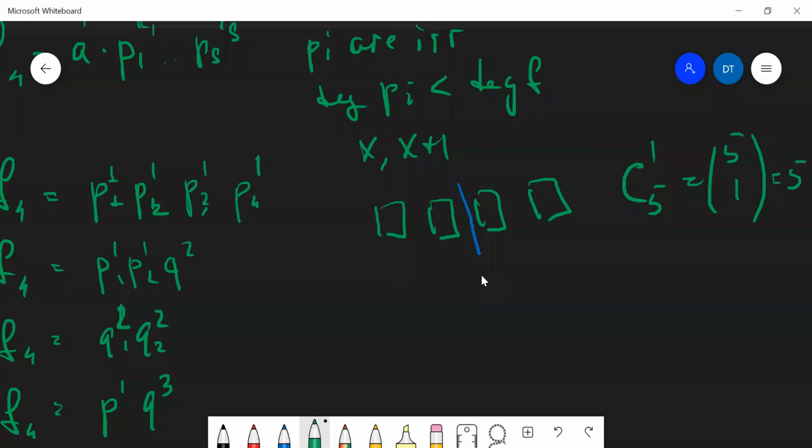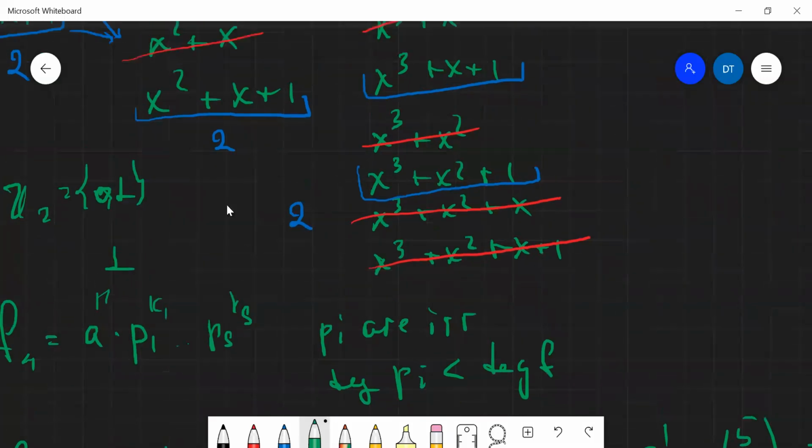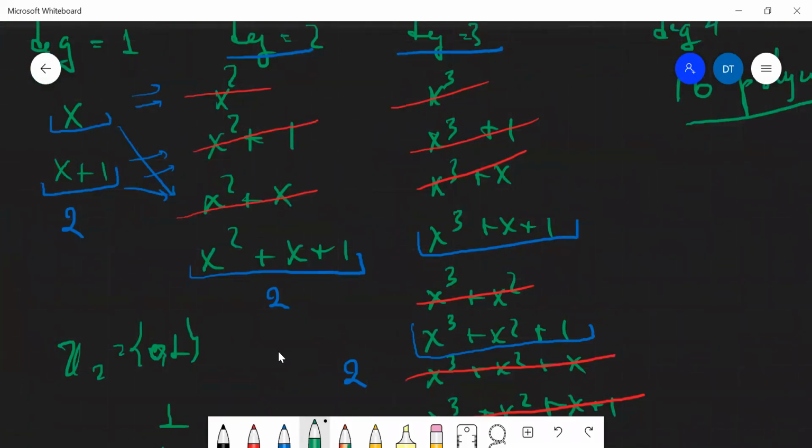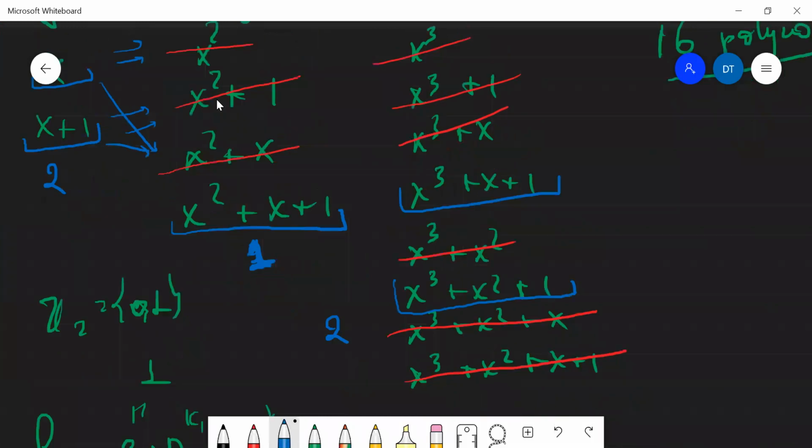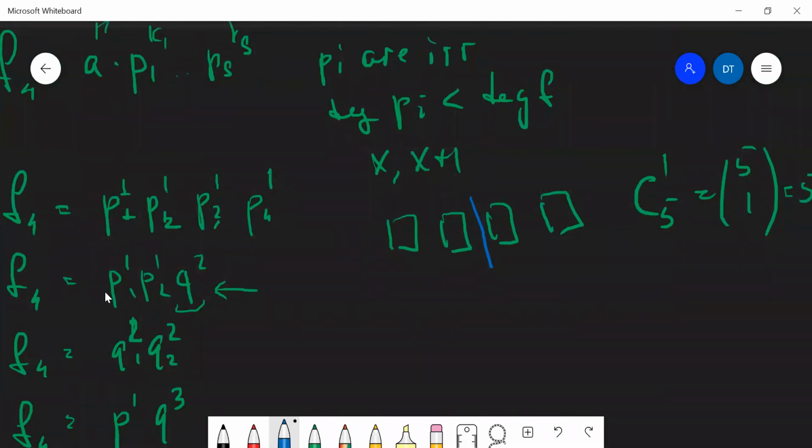Now, how many options do we have here? For this guy, we have only 1 option. I wrote 2, but it's clearly 1. We have only 1 irreducible polynomial of degree 2. And here we solve the same problem, but with 2 polynomials instead of 4.